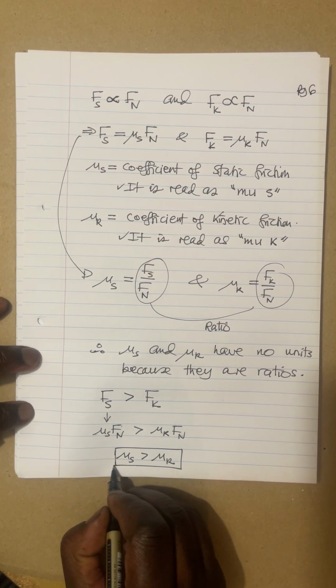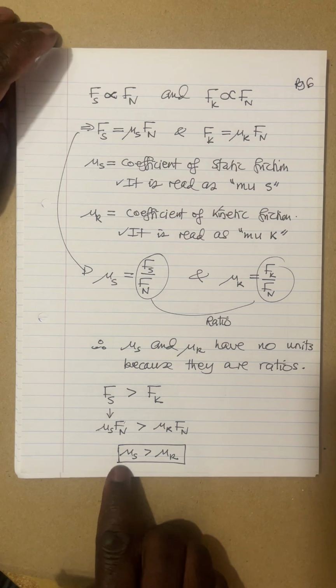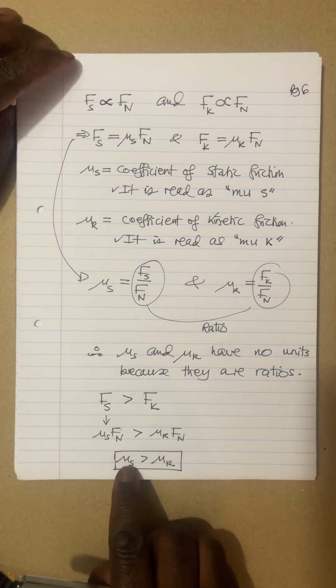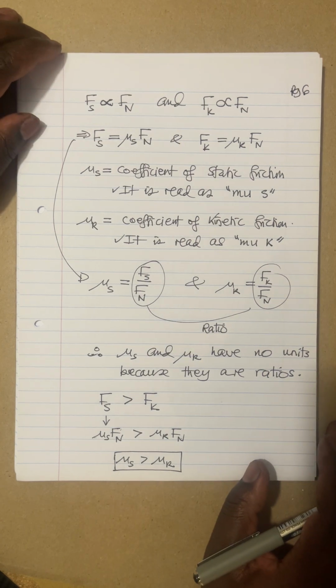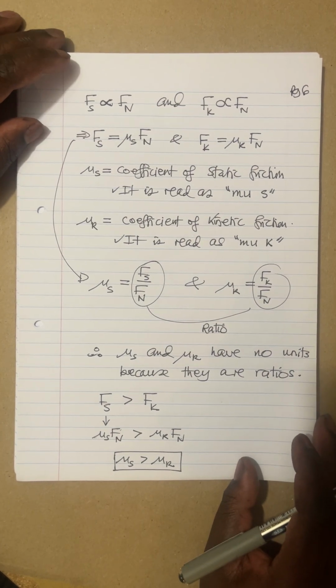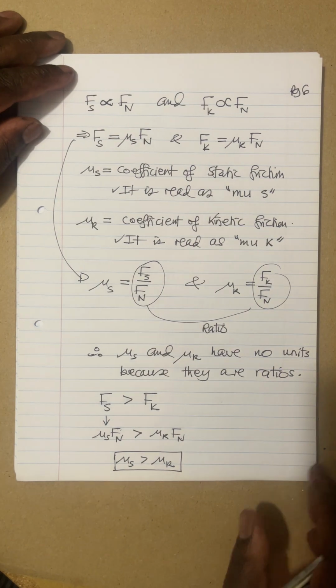Take note of that very important result. We will look at how you can determine that on an incline, but for now, I just want to talk about motion on a straight line and on a horizontal surface along the x-axis, or if you like, along the y-axis.